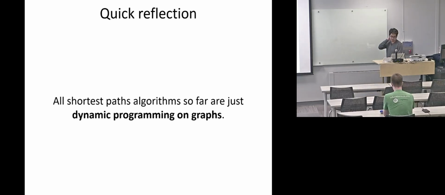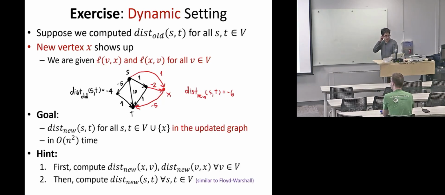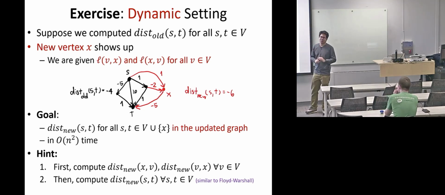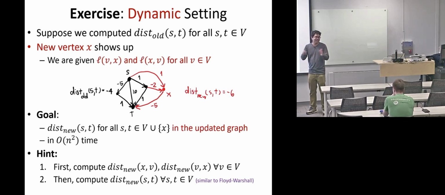So there are two exercises I want to put out. This is an interesting exercise. Suppose that you have already computed all-pairs shortest paths in the whole graph. You have computed the distance from S to T for all S, T. To do that, you need n cubed time, like we know.